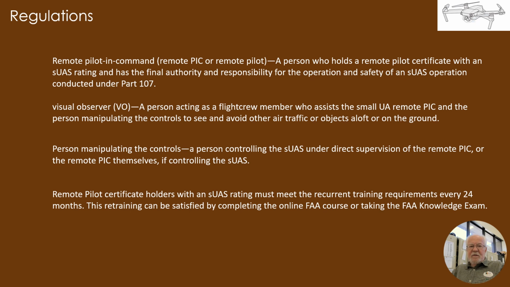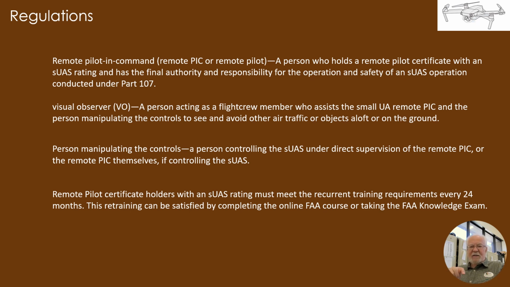Continuing with definitions: the remote pilot in command is the person who holds the remote pilot certificate with a UAS rating. You'll have a certificate that says remote pilot, but there'll be a rating on there that specifies small unmanned aircraft.